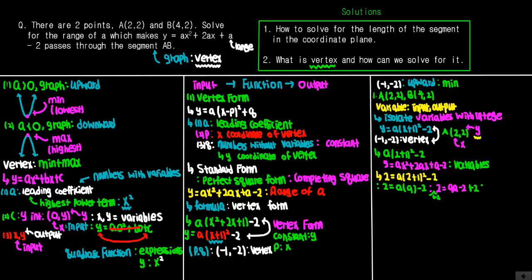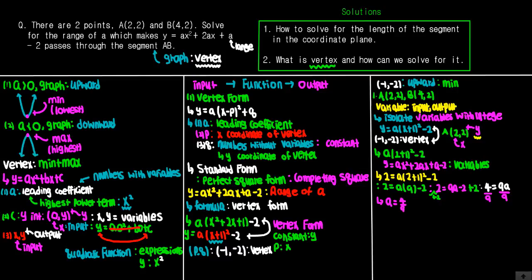If you do it, we're going to get 4 is equal to 9a. To solve for a, divide both sides by 9 in order to isolate it. And then we get a is equal to 4 over 9.